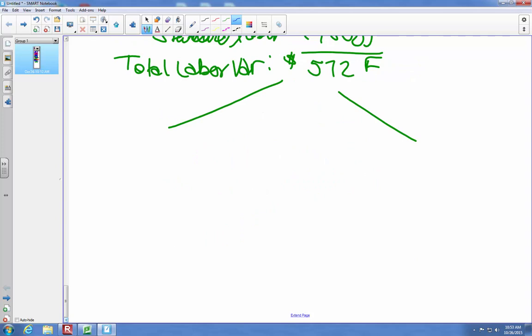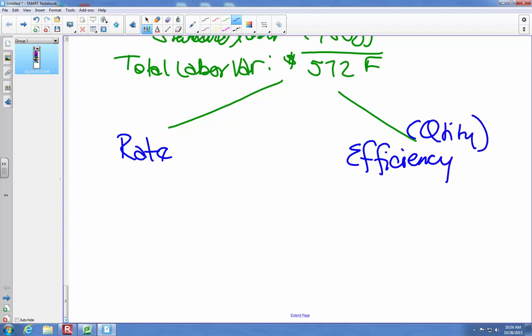So my first variance is price or rate. And the second one is quantity, which with labor is called efficiency. How many hours did I use? So it always is price and quantity. It's always the same two things. They just have different names. And it's exactly the same. What am I going to have inside the parentheses if I want to figure out the rate difference?